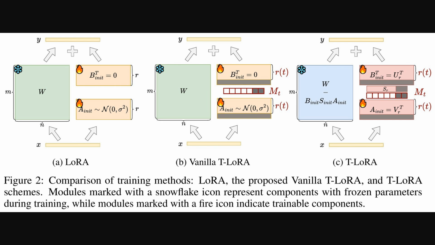The key innovation, shown in the middle with vanilla T-LoRA, is that the rank of this adapter, which you can think of as its learning capacity, changes dynamically with the diffusion time step. Finally, the full T-LoRA on the right improves this further with a special initialization using singular value decomposition, which is a mathematical way to decompose a matrix into its core components, ensuring the rank is controlled more effectively.